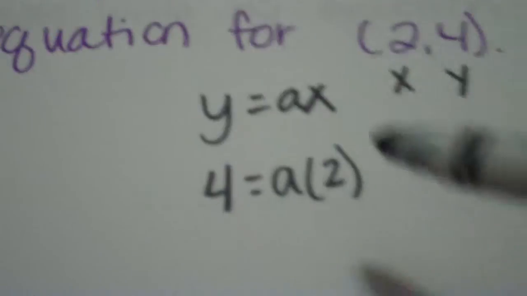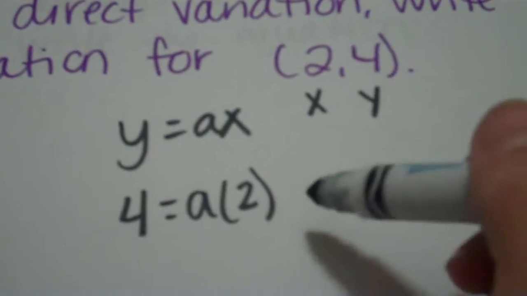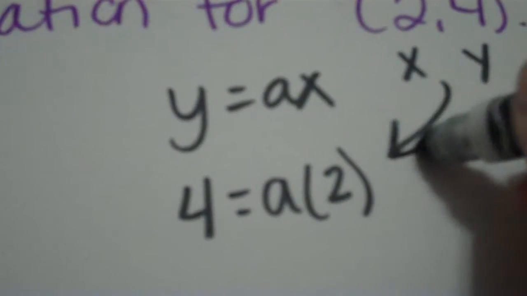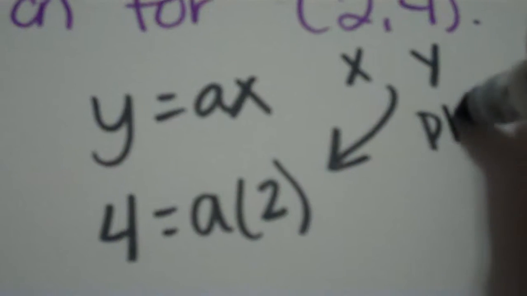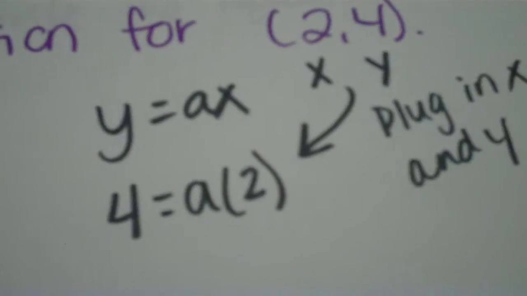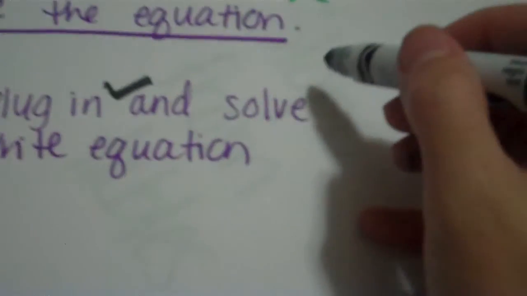So I just plugged in the y and the x. When you're writing notes, what I would probably put is a little arrow, and put in plug in x and y. That way your notes help you. And then we solve.